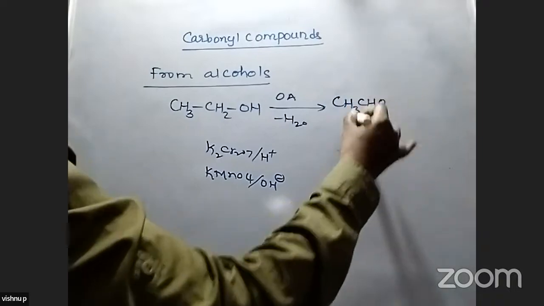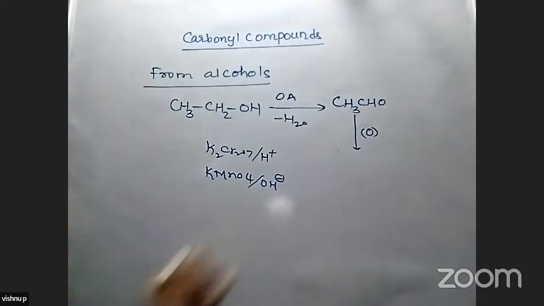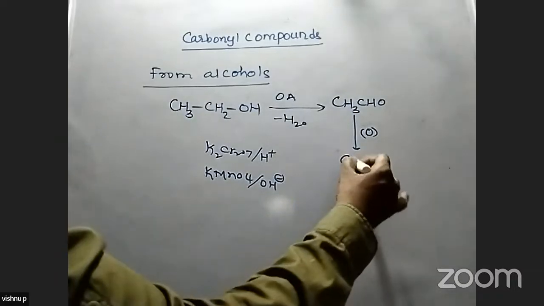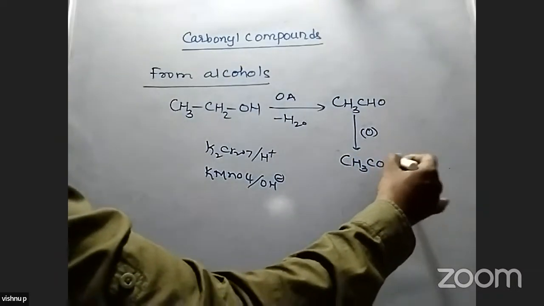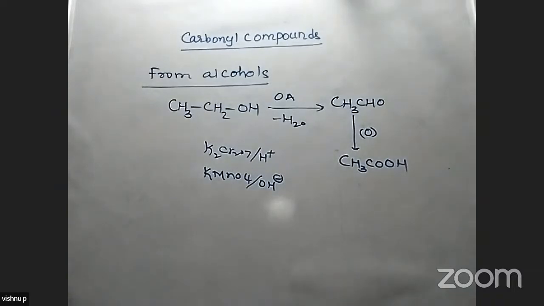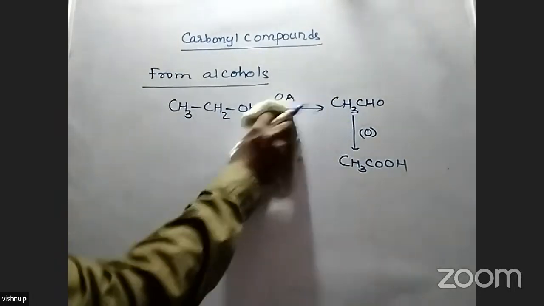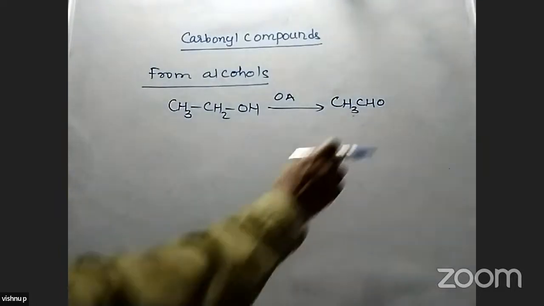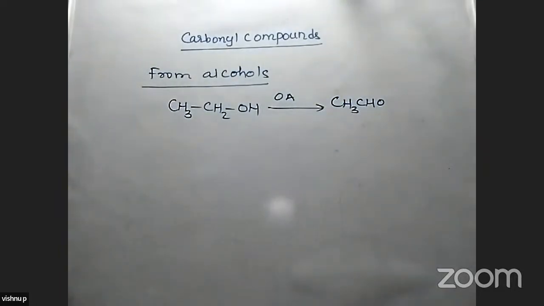After that, again, oxygens are supplied by the very strong oxidizing agents, and the reaction continues, and carboxylic acid is formed. So we select an oxidizing agent that is weak in nature, so that it provides a lesser amount of oxygens, and the reaction stops at the aldehyde stage only.